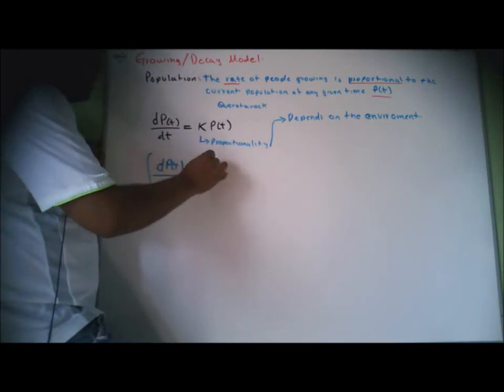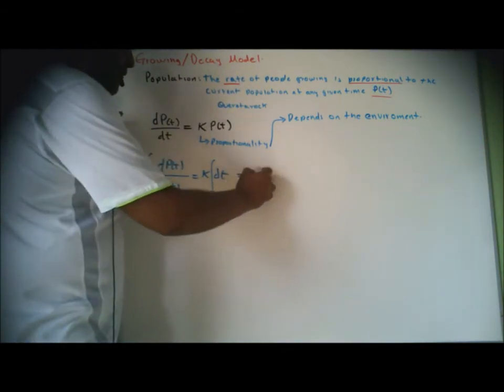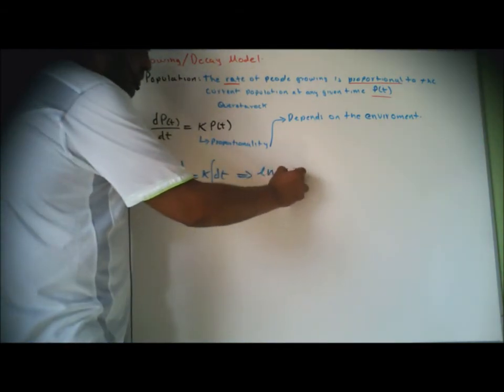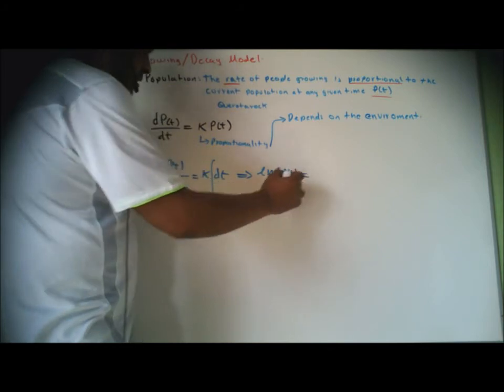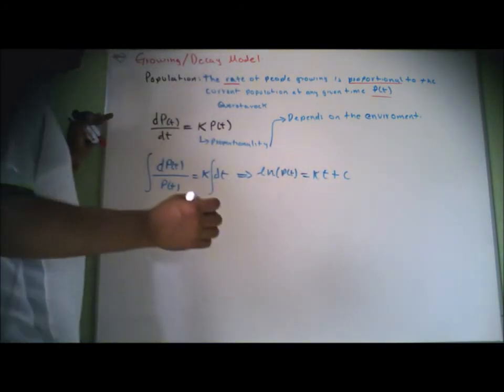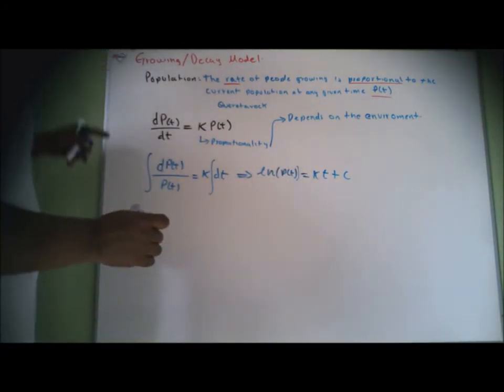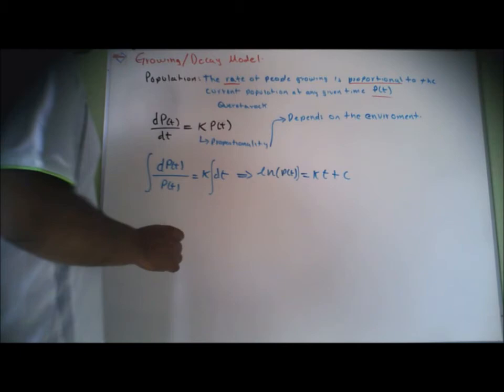You take the integrals on both sides. On the left side, you have the natural logarithm of P(t), and that is equal to just kt plus the constant. Don't forget the constant. Let's clear the population, which is what we are trying to model.